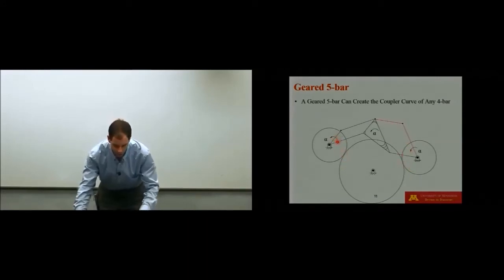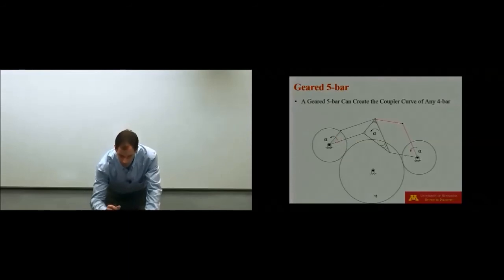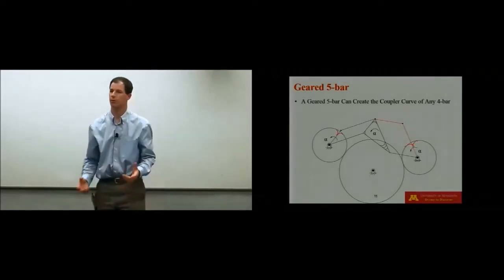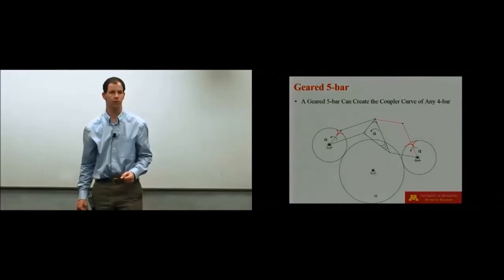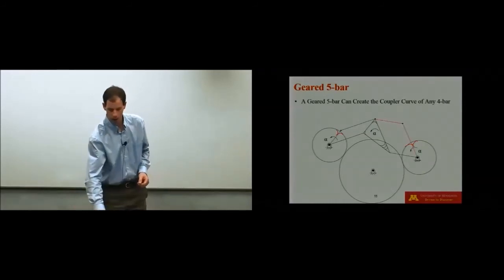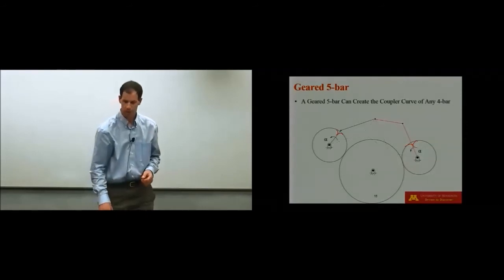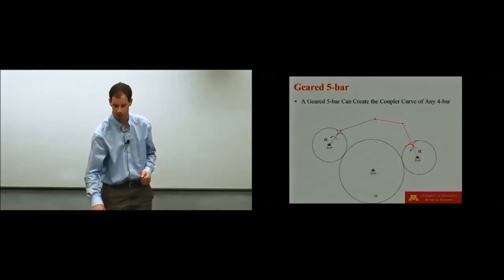So this gear would be rigidly connected to this link, and this gear would be rigidly connected to this link. So that gear would then rotate with that link, forcing the rotation. So that's how I'm connecting those. I can also do this in a few different ways. So then this is the final solution to that geared 5-bar.